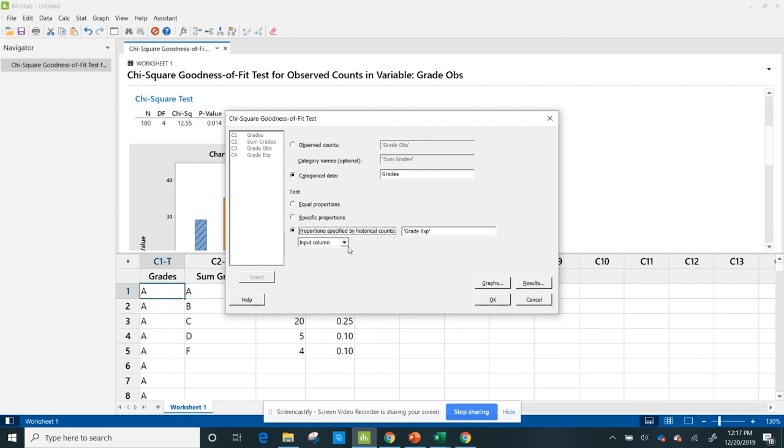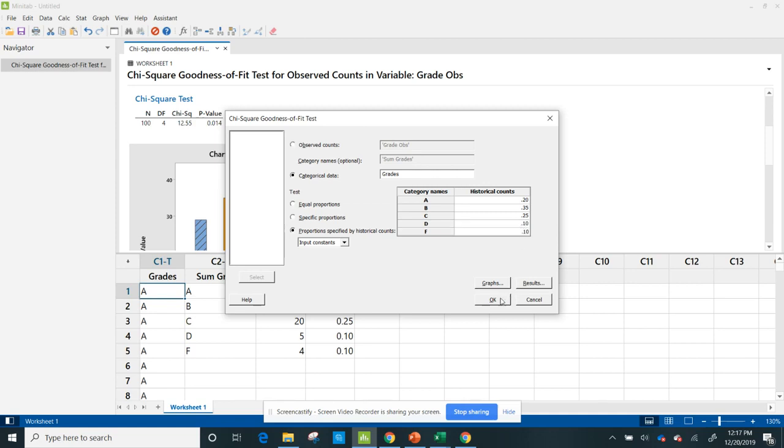And then from here, I'm going to click on proportions and do the constants. So here, remember, A's were 0.20, B's were 0.35, C's were 0.25, D was 0.10, and F was 0.10.